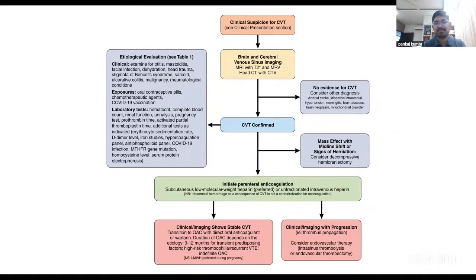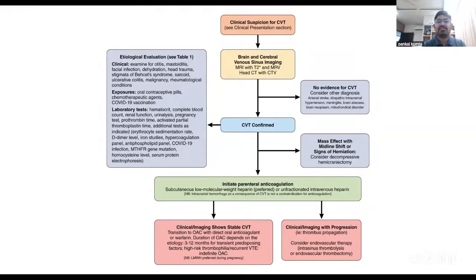You look for alternative causes like any stroke, idiopathic intracranial hypertension, meningitis, abscess, maybe neoplasms, mitochondrial disorders. But if it is meningitis, abscess or a mass, you will generally pick it up on the MRI. It may not be, but you may need support with contrast. Again, the presentation might be a lot different, maybe associated with fever or neck stiffness, and these could be your primary issues.